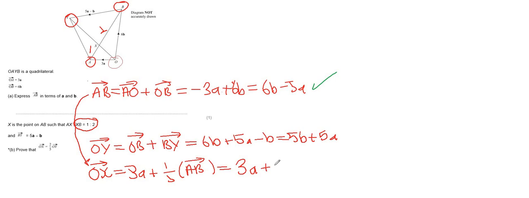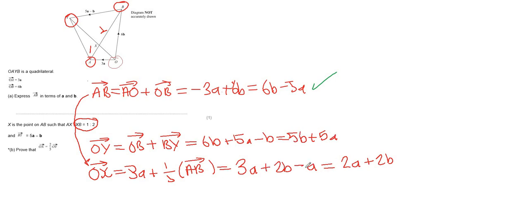So 1/3 of 6b is 2b, and taking away 1/3 of 3a, which is a. So now, again, got a's and b's, put them all together. I've got 3a, take away an a, I've got 2a, and I'm going to add 2b. Right, so OX is 2a plus 2b, and OY is 5a plus 5b.